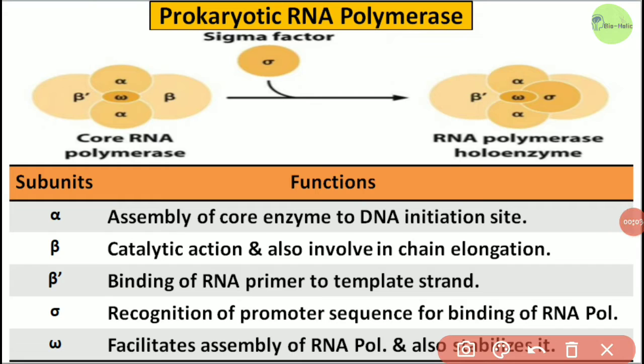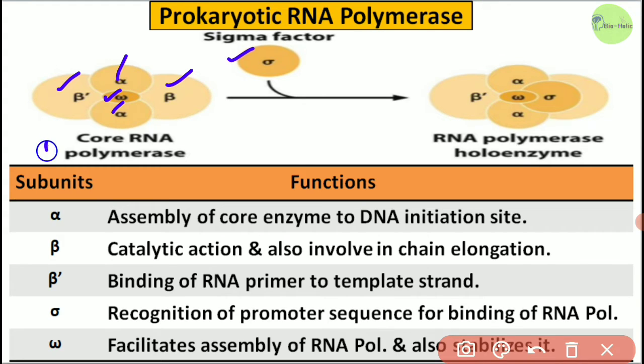In case of prokaryotic cells such as E. coli, they contain only one type of RNA polymerase, which is a complex enzyme composed of 6 subunits. That means 2 alpha, 1 beta, 1 beta prime and 1 omega, and also 1 sigma factor.